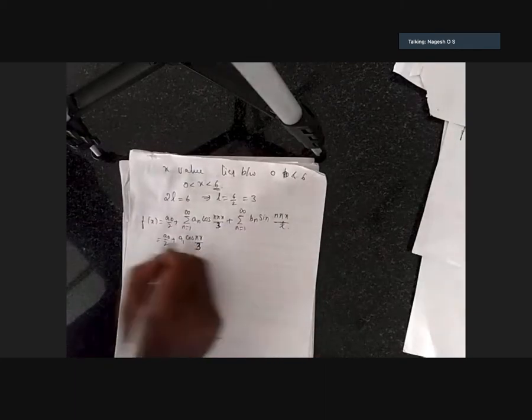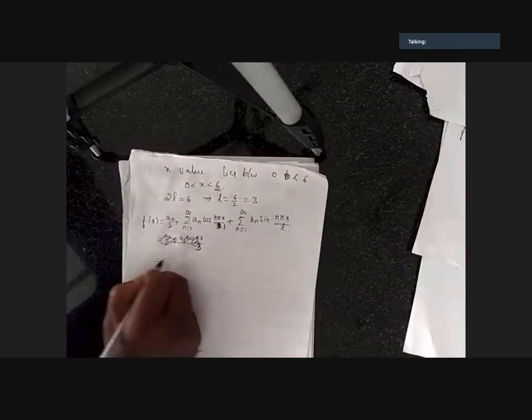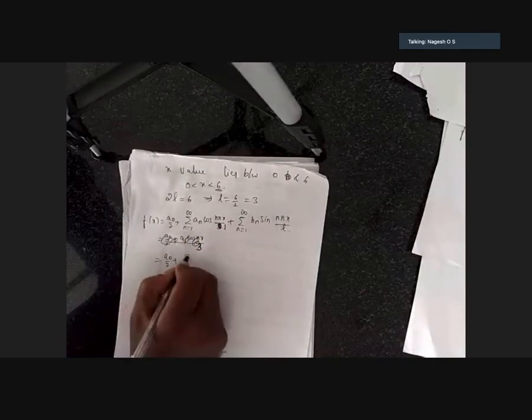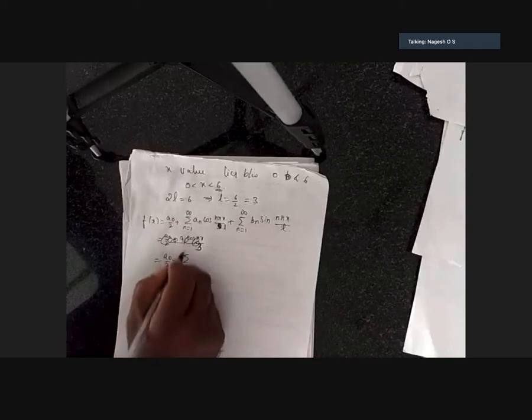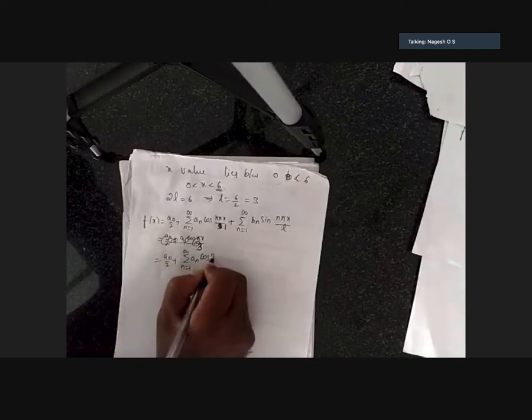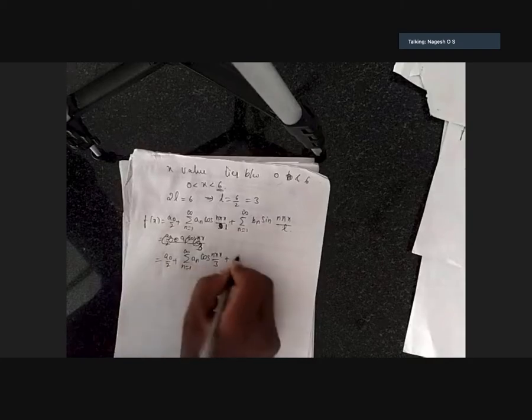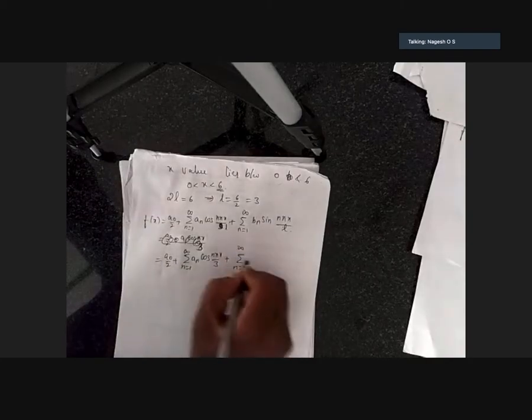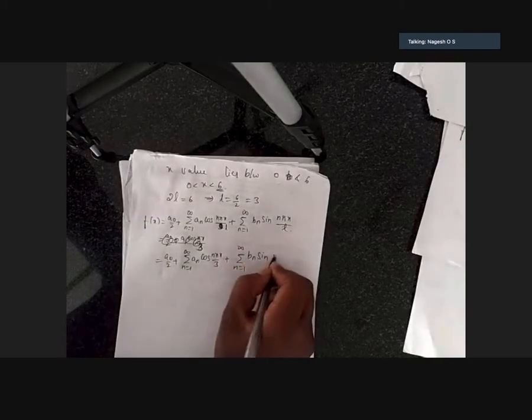L value is 3. Let me write one more step here: a naught by 2 plus summation an cos n pi x by 3 plus summation bn sin n pi x by 3.